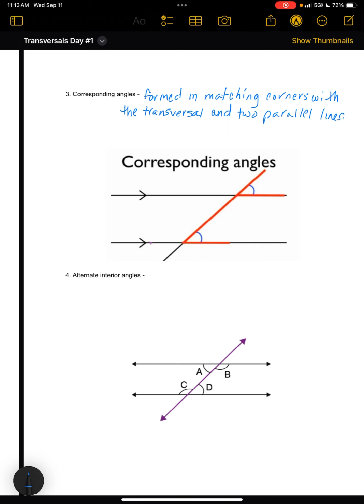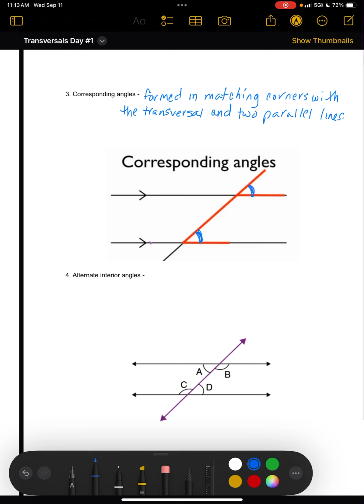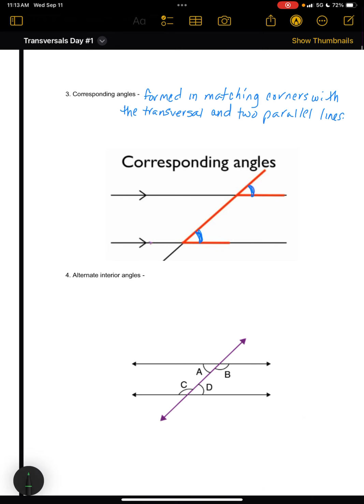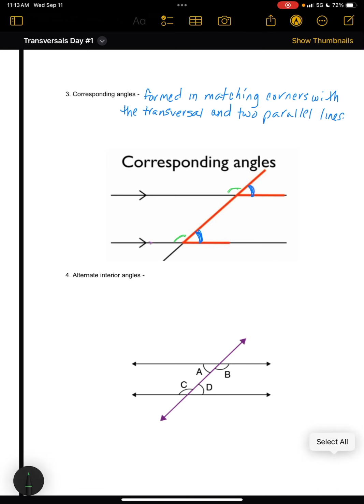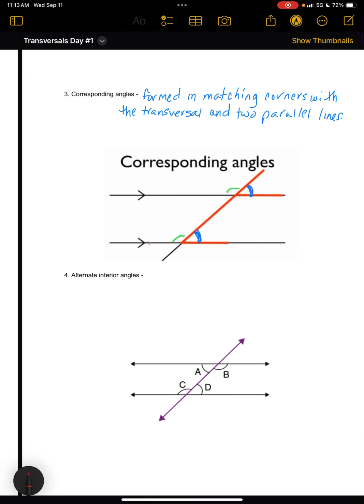All right, so in the example here, notice this angle right here and that angle are corresponding angles. We also have this angle in green with that angle in green. We also have this part right there with that part right there.